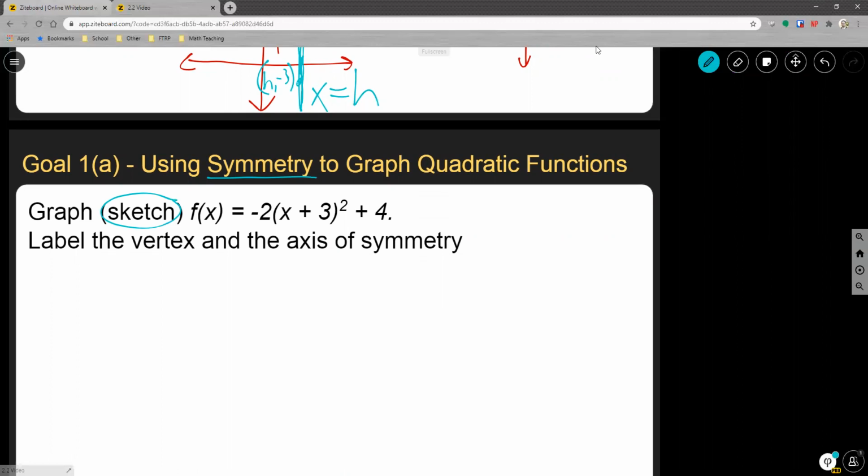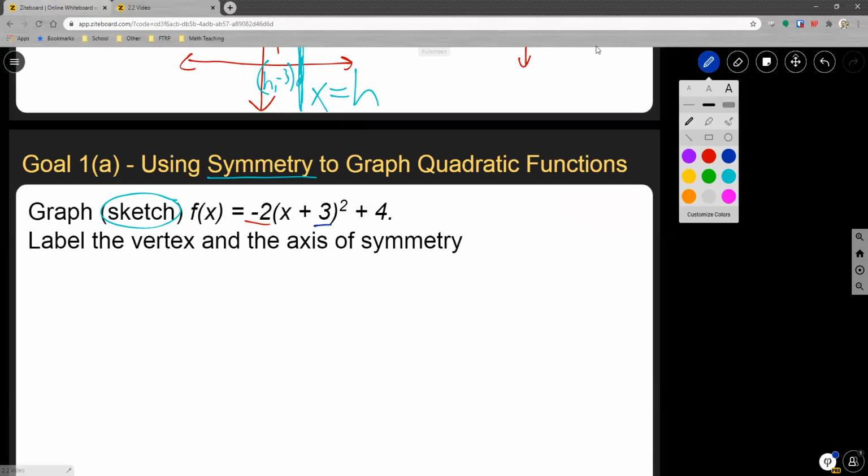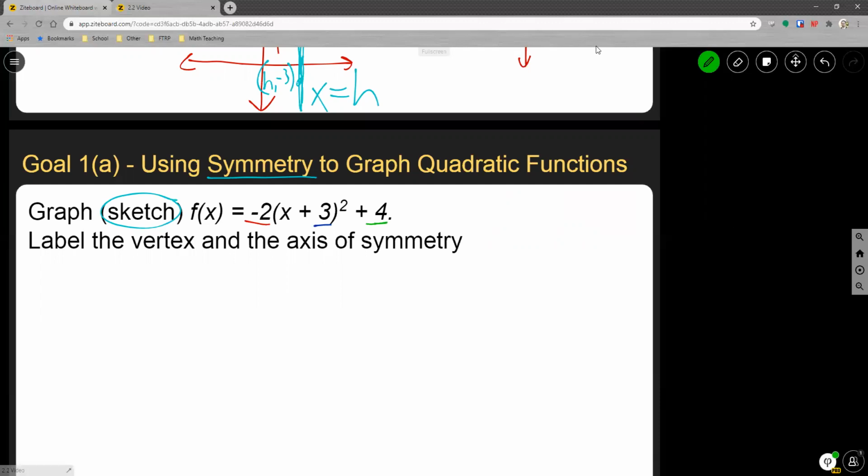But I'd much rather you have an understanding of what is happening based on the various values in the equations. So the function that we're graphing is f of x equals negative 2 times x plus 3 squared plus 4. This is in vertex form to start.